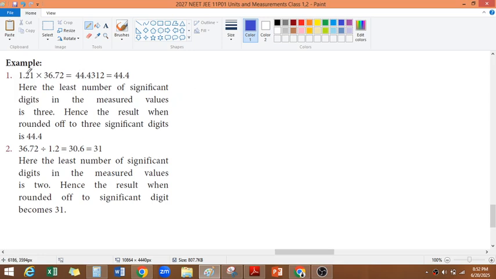So 1.21 has 3 significant figures, multiplied by 36.72, which is 4 significant figures, which is equal to 44.4312. So you can do the multiplication yourself.